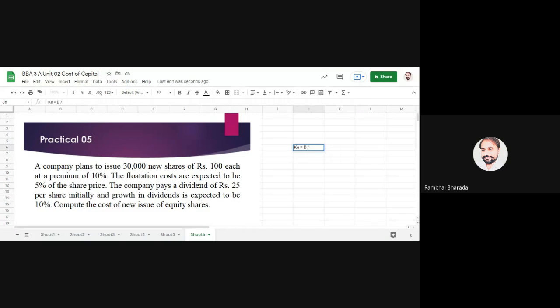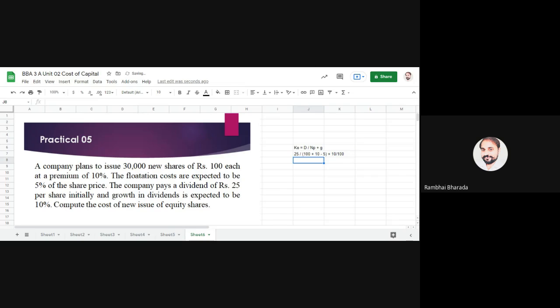Ke equals D divided by NP plus G. D, your dividend per share, how many rupees? 25 rupees. So write down 25 upon NP, the issue price: face value 100 plus premium 10 minus issue expenses 5, bracket over, plus growth rate 10 divided by 100.